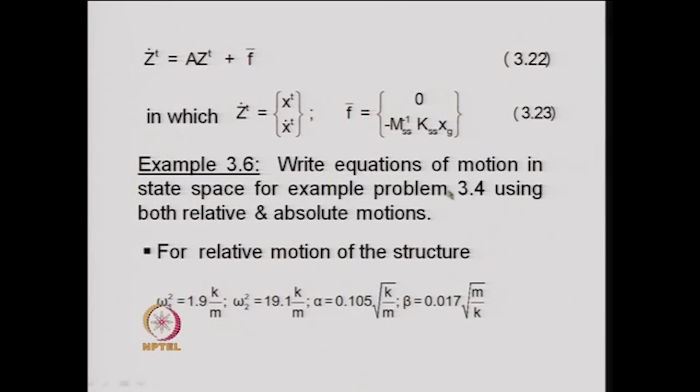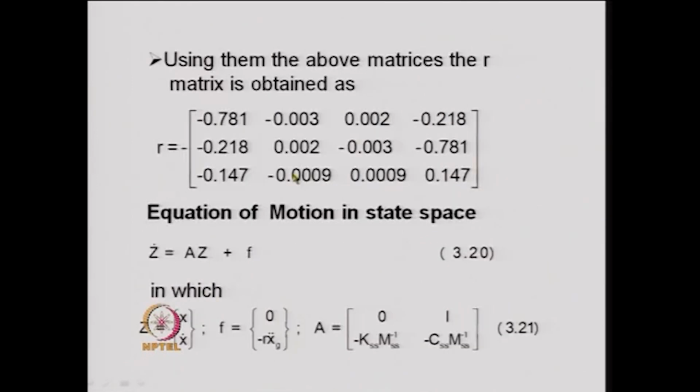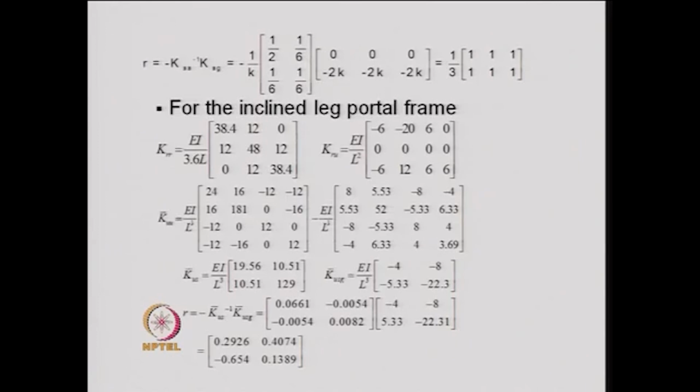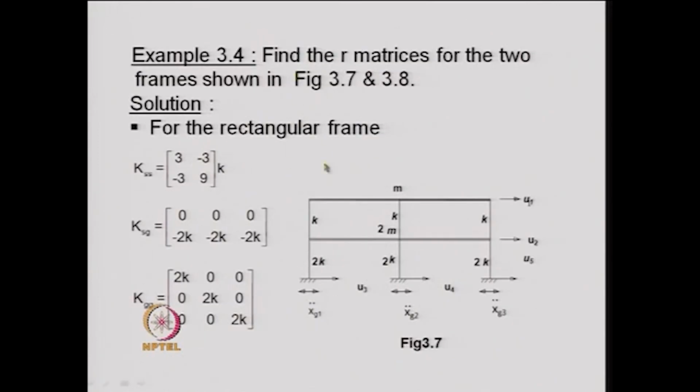Now, we try to write down the state space form of the equation of motion for the problem 3.4, that is this problem. For this problem we wish to write down the entire equation of motion in the state space form.